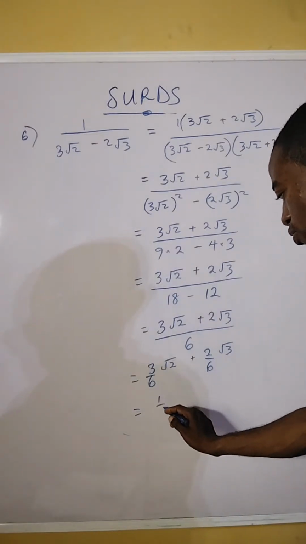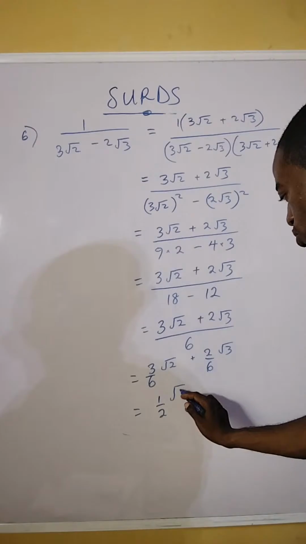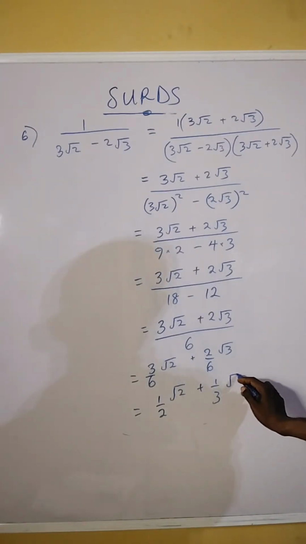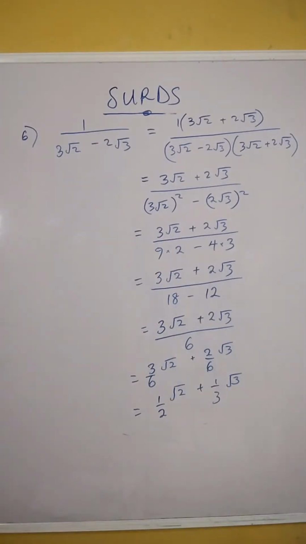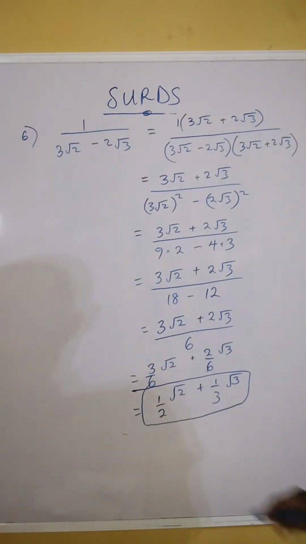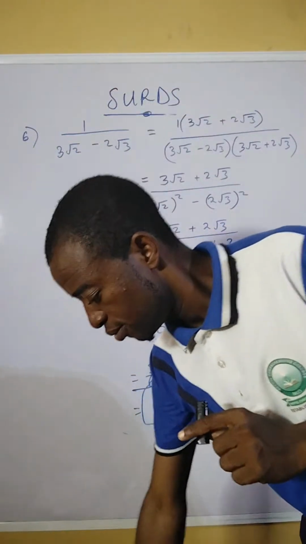We have 1 over 2 root 2 plus 1 over 3 root 3. So that is the simplified form of that given problem here. Okay, so let's look at another one here as number 7.